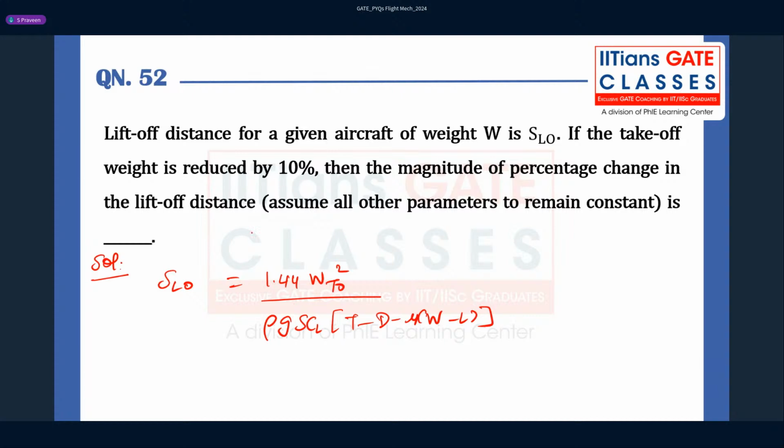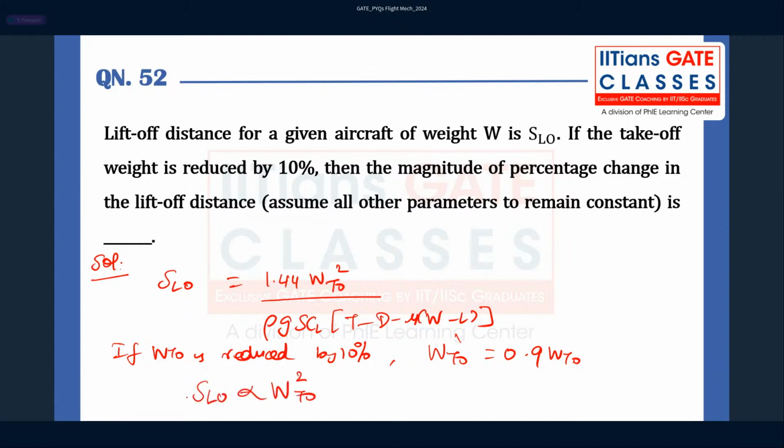So he's saying that if the takeoff weight is reduced by 10%, that is, if WTO is reduced by 10%, then my new WTO prime would become 0.9 times WTO, right? So from the above equation, I can say that SLO is proportional to W squared. Let's come back here, right?